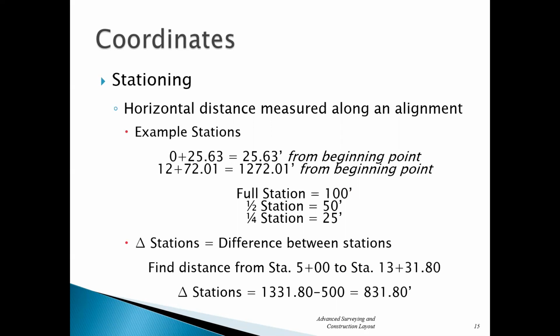It's just like putting a comma in, like we do. It's just a way of separating the data. But a lot of times, if you're between station 12 plus 00 and 13 plus 00, I'll just say plus 72.01. So it just makes it kind of a shorthand way of dealing with it. You see what I'm saying? Yeah, I get it now.